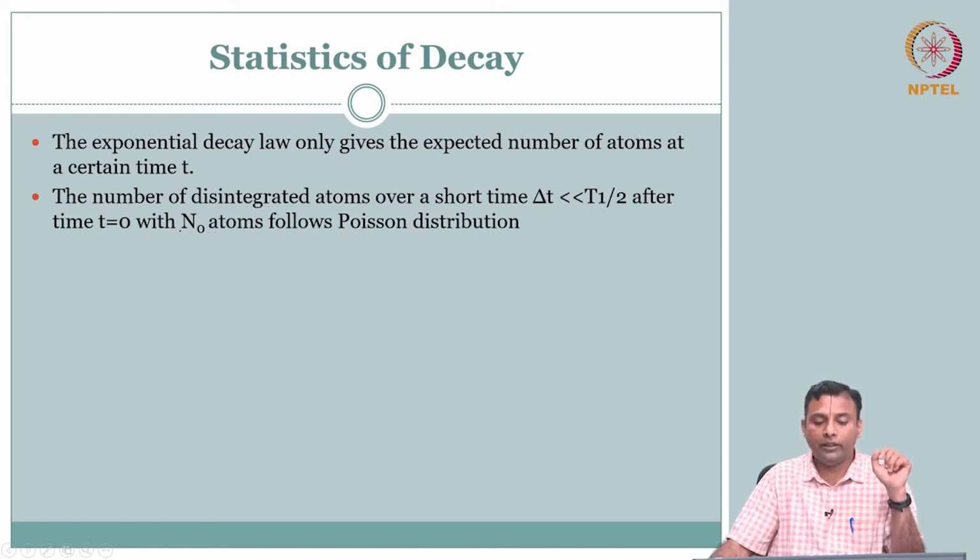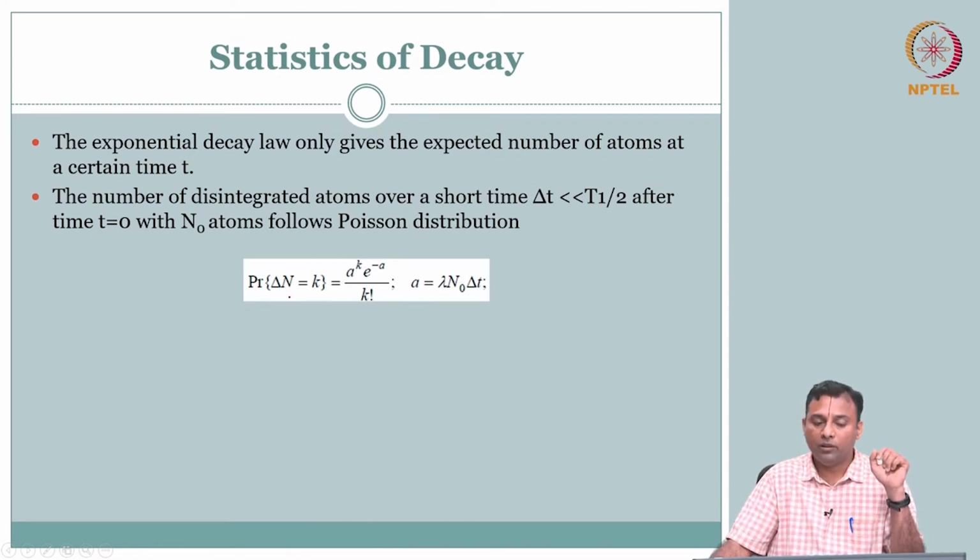The number of disintegrations over a short duration, when you start with some N naught of the material at t equal to 0, will follow a Poisson distribution.